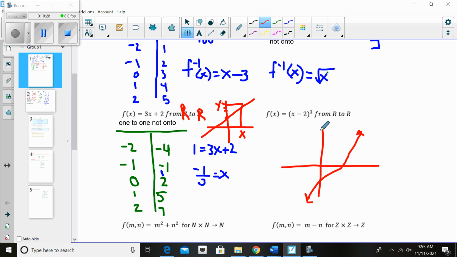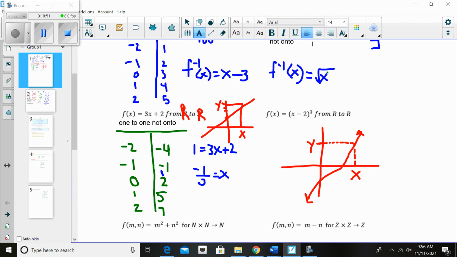This would pass the horizontal line test. And any y that I pick, I could find an x that maps to it. So every possible value in the codomain has a pre-image. Because we're mapping from R to R, this one would be both 1-to-1 and onto.